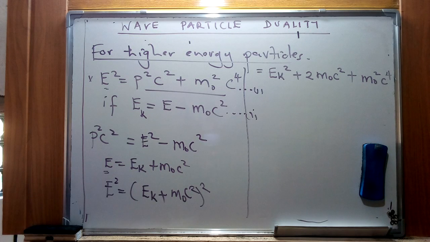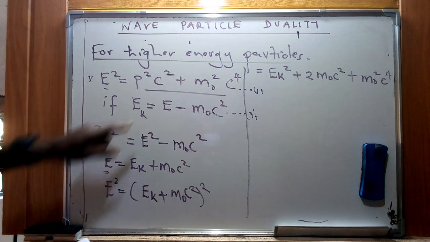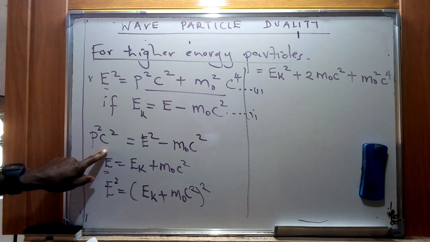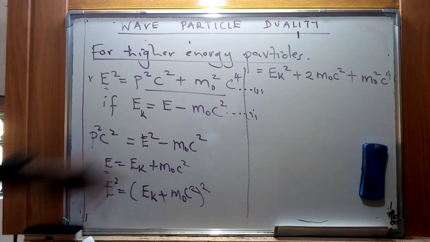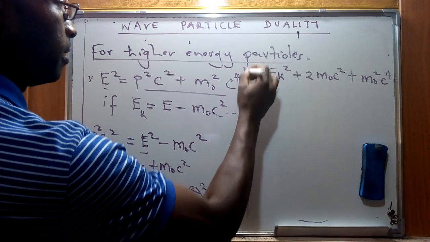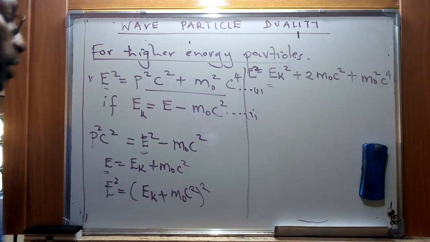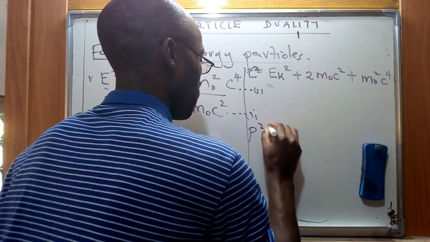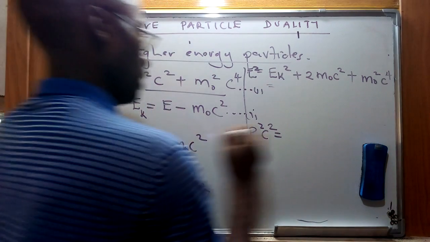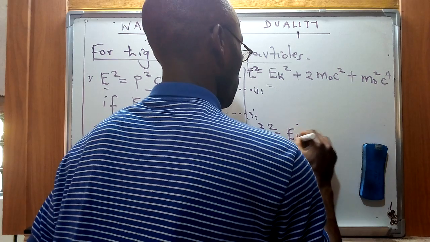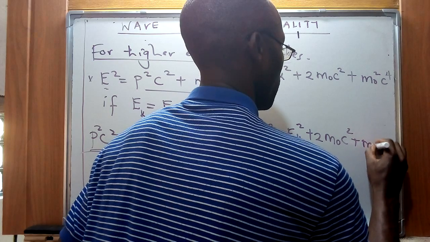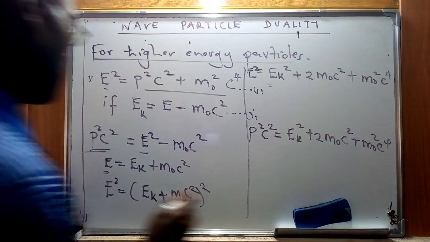If we rearrange that and substitute it in this equation for p, where we are given p squared as this one, then we're going to have this equation transformed to p squared c squared equivalent to Ek squared plus 2 Ek m0 c squared plus m0 squared c to the power 4.